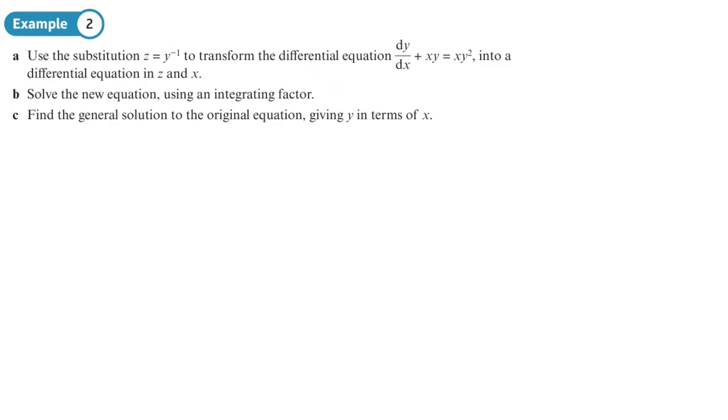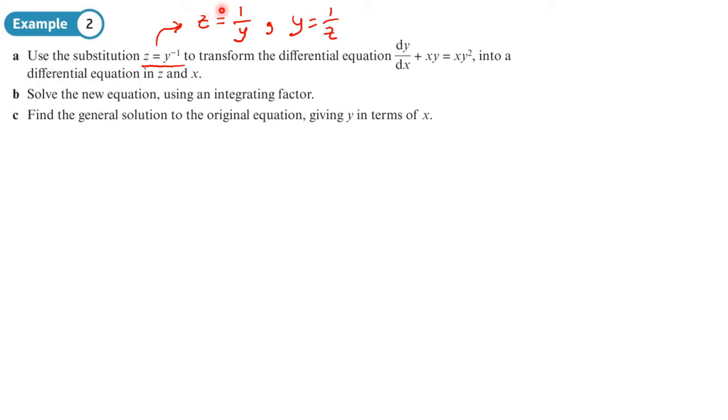So in this question here, use the substitution z equals y to the minus 1. I suppose we could write that instead as z equals 1 over y. And that also tells us that y equals 1 over z, so I'll just keep those there just in case I need them.